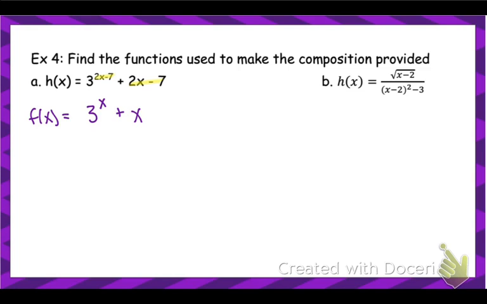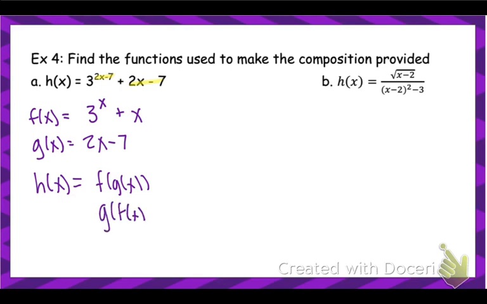Well, what's replaced that is 2x minus 7. So what that means then is I could rewrite this h of x as the composition of those two functions. So we need to figure out, is this f of g of x or is this g of f of x? Well, since the g of x is replacing that x, this would be f of g of x.